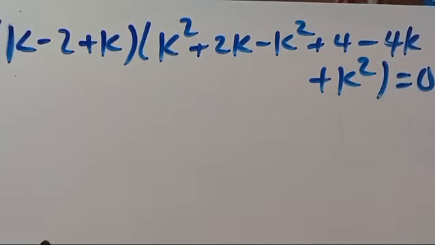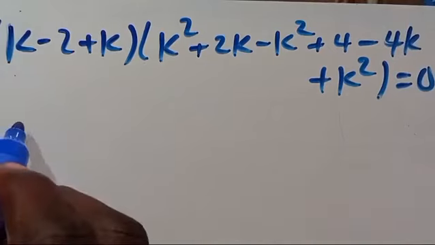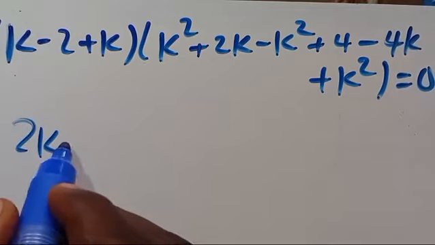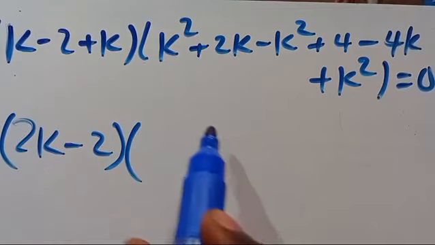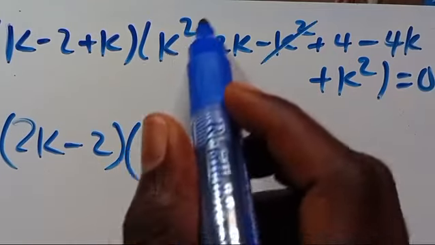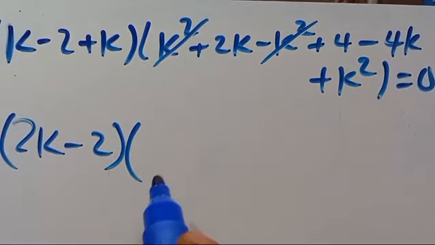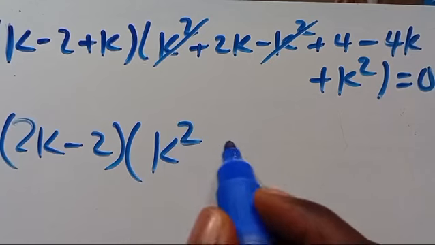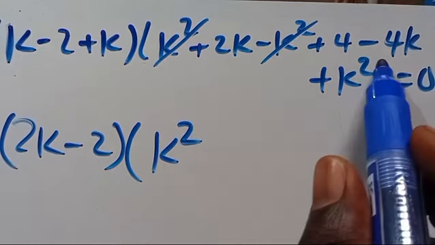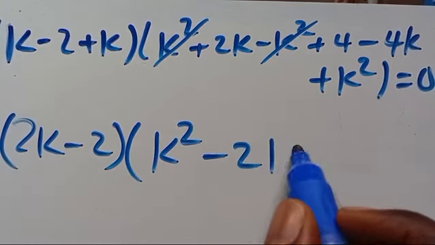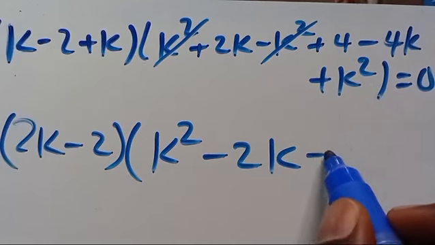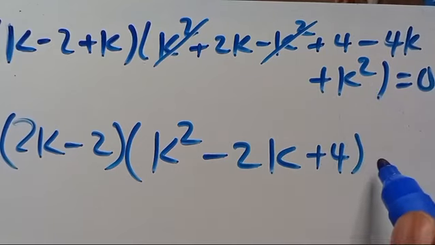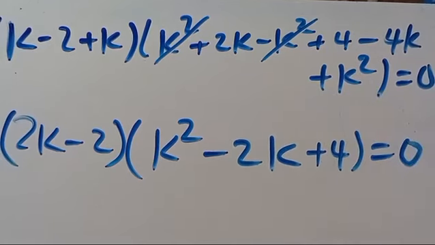So from here, k plus k gives us 2k minus 2. This k² will cancel out, and we have only one k² left. We have plus 2k minus 4k, here will be −2k. Then we have plus 4, all in parentheses, then equals 0.